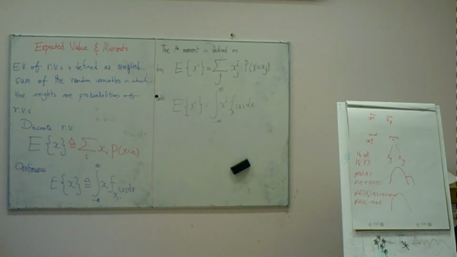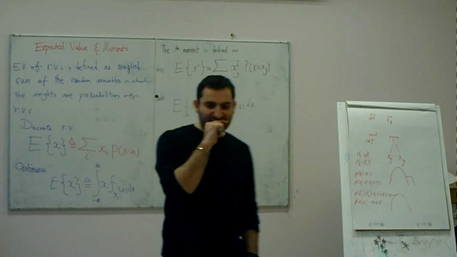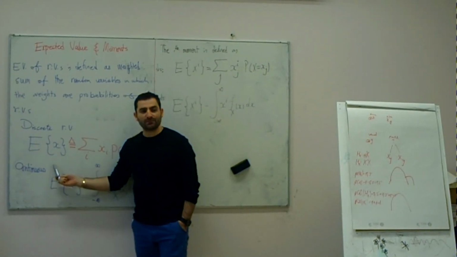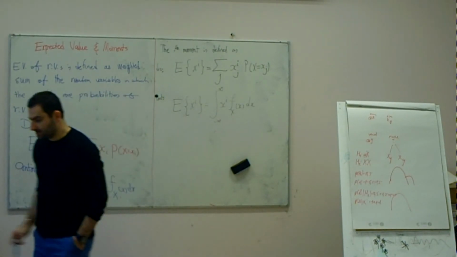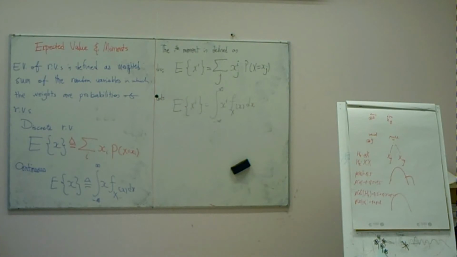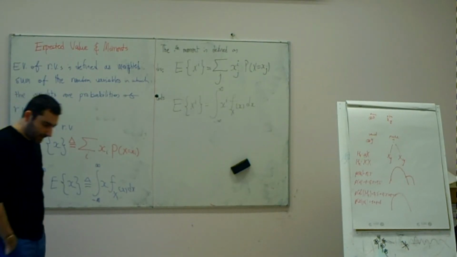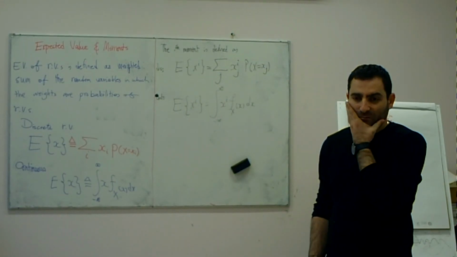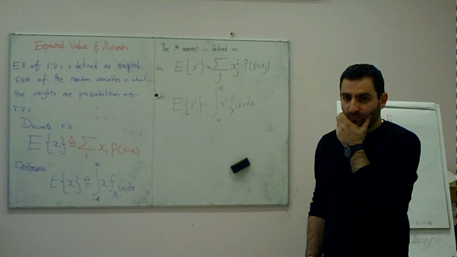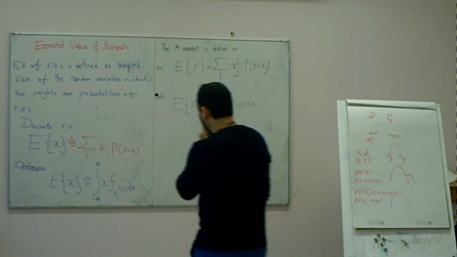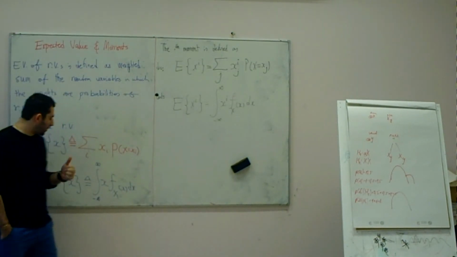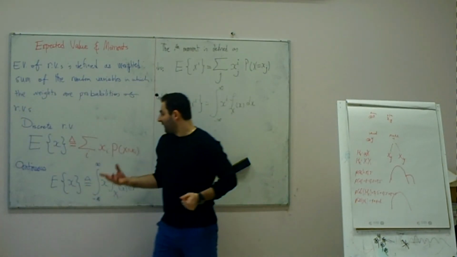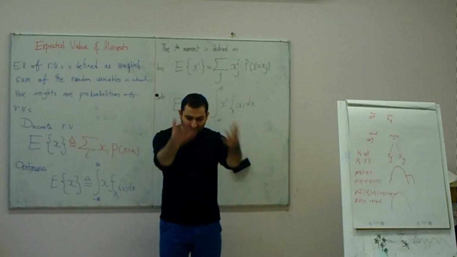Now, expected value means what you are expecting to see. If we have the first moment, in other words, the power of x here is 1, can you tell me what we expect to see if you have lots of random variables?